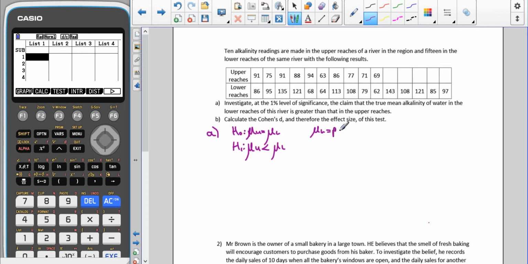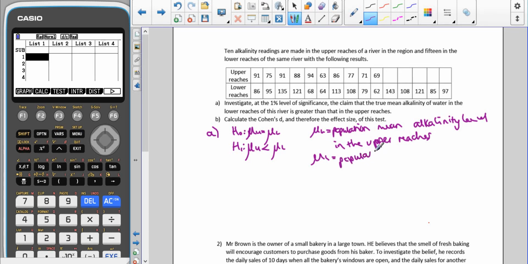So mu u is the population mean alkalinity level in the upper reaches, and mu L is going to be the population mean alkalinity level in the lower reaches.